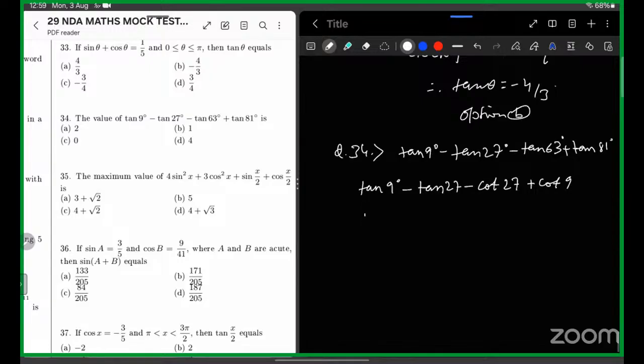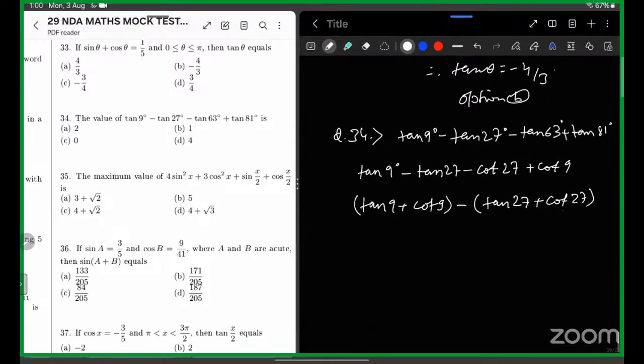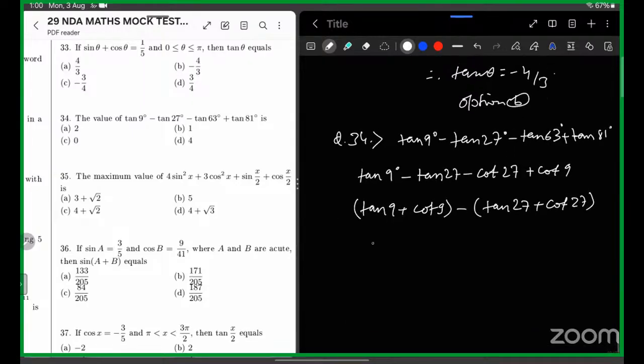Taking together, tan 9 plus cot 9, minus, if I write it like this, tan 27 plus cot 27. So we need to solve it.